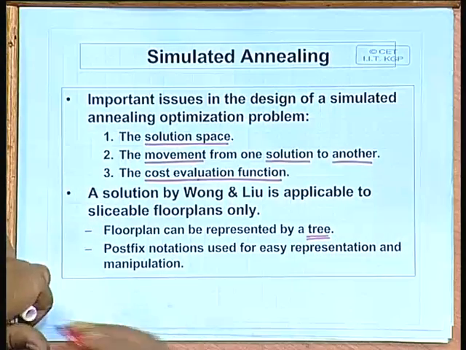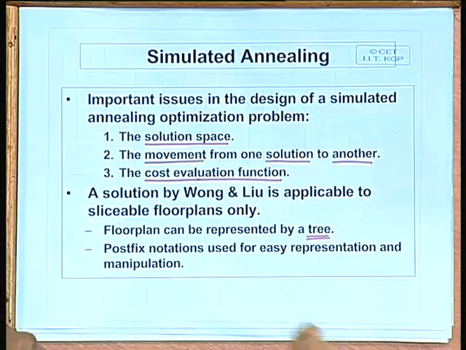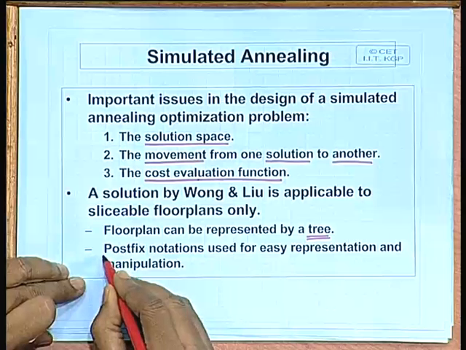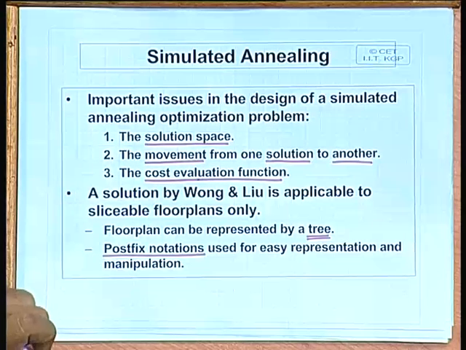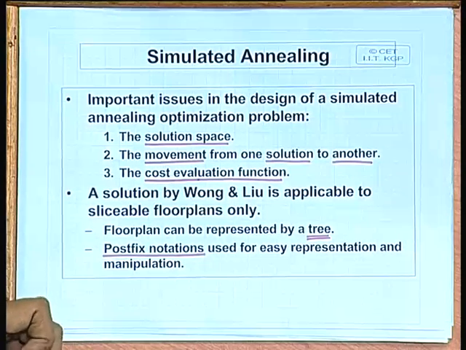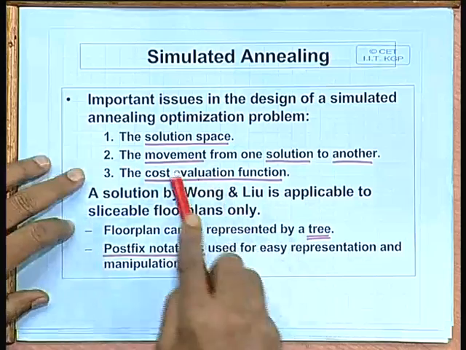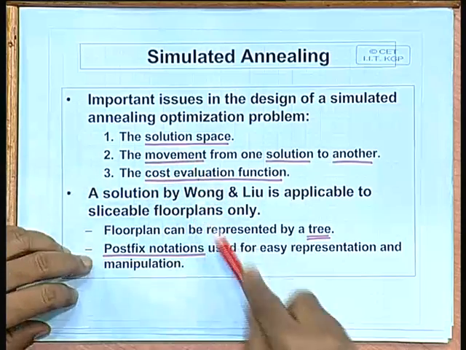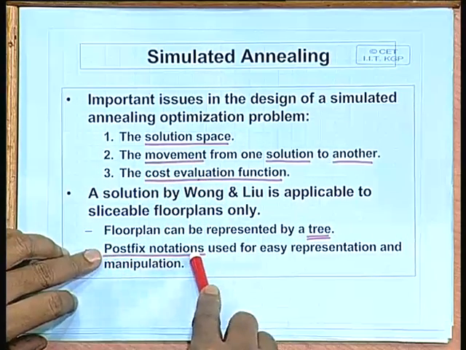Now, this particular approach says that for every such slicing tree, you can represent the tree in certain ways. Here they use the postfix notation of representing the tree, and all the manipulation regarding movements they applied on the postfix notation.